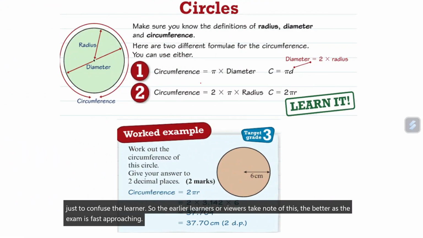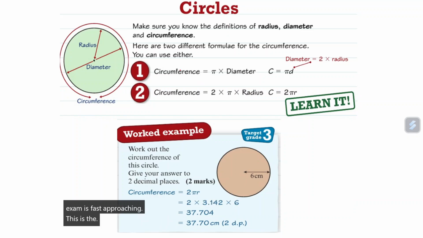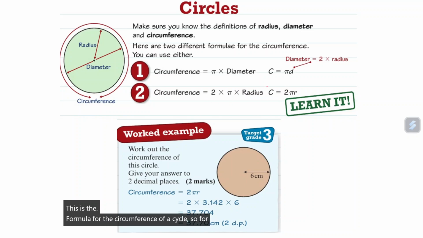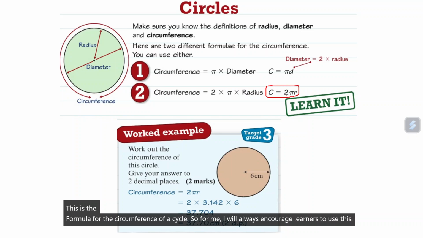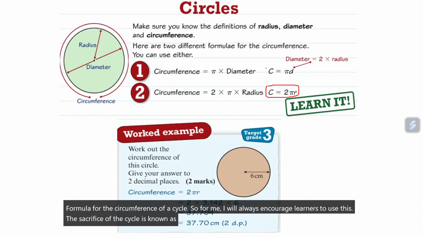This is the formula for the circumference of a circle. For me, I will always encourage learners to use this. The circumference of a circle is 2 pi r or pi d.